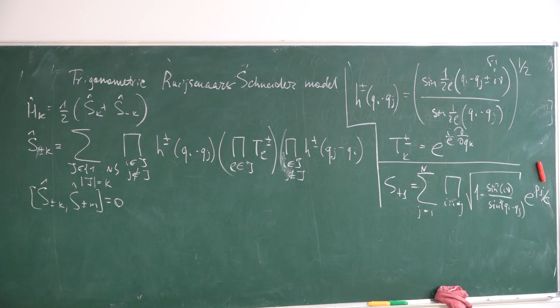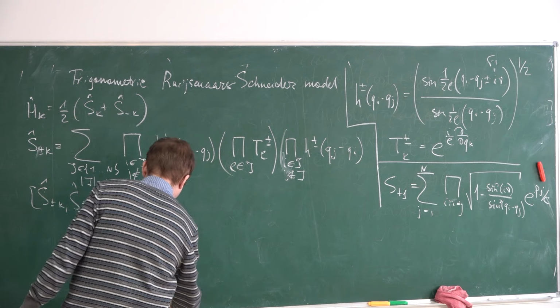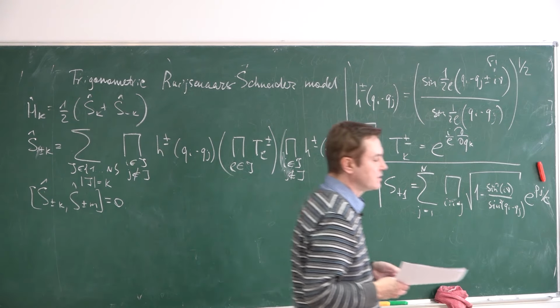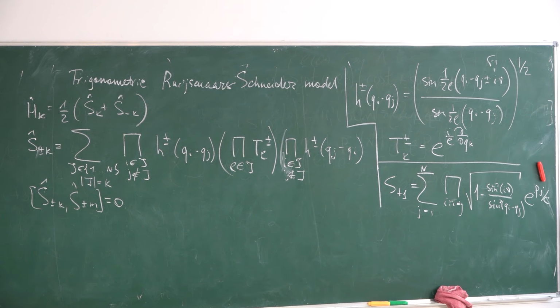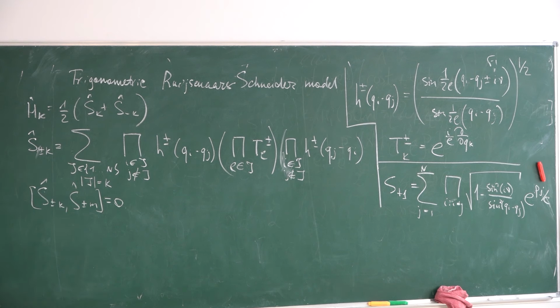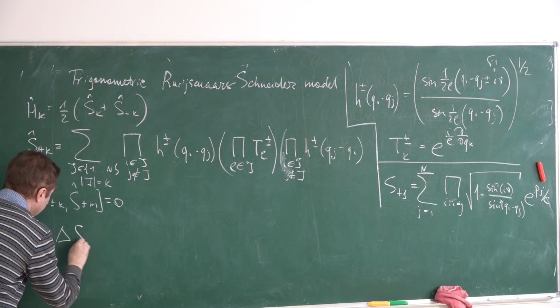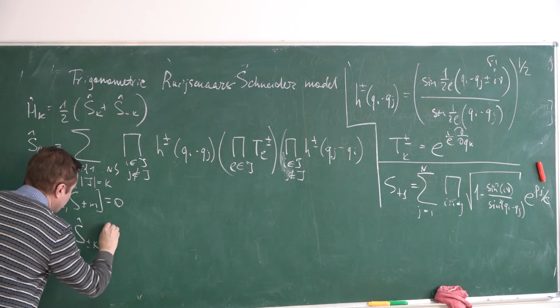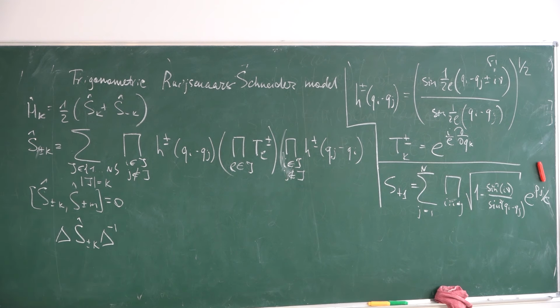Now let us follow our recipe. Our recipe, which we discussed for the Calogero-Moser model, was to conjugate these operators in such a way that the conjugated operator has some special sort of eigenfunctions, namely symmetric polynomials.